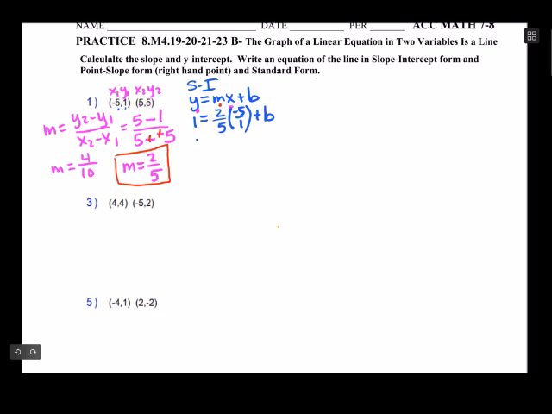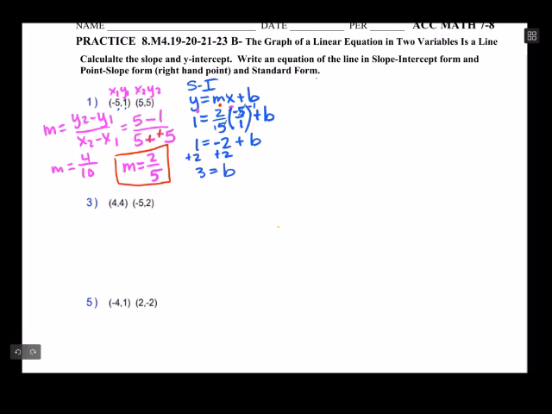Now I just do the math. 1 equals, cross cancel these. This becomes 1, this becomes negative 1, a negative 2 plus b. Now I solve for b, so I add 2 to both sides. 3 equals b.